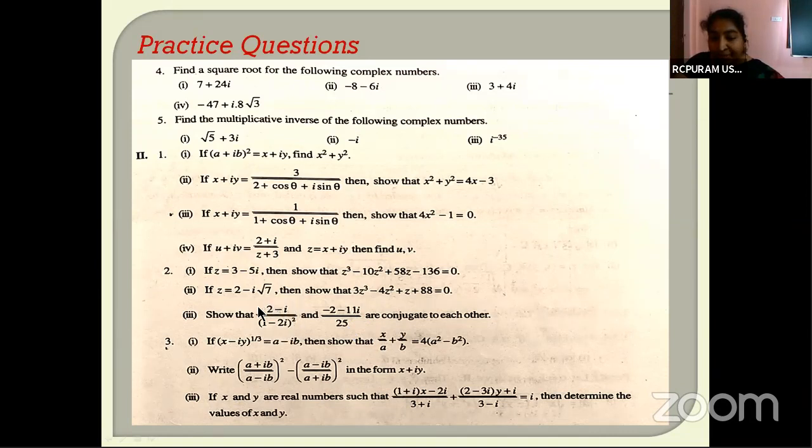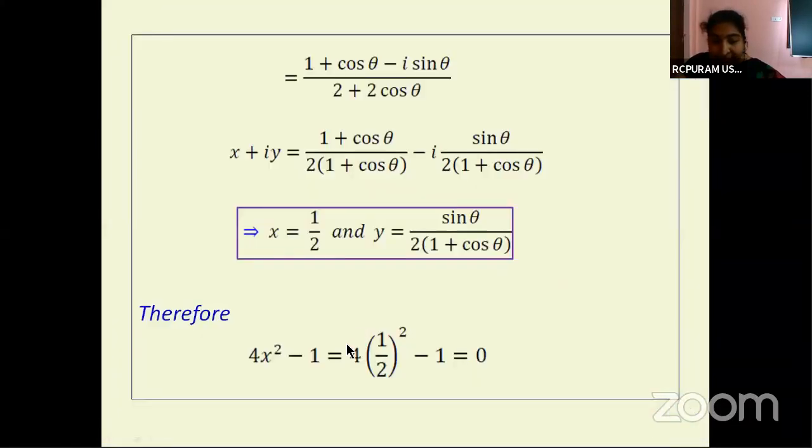First, you take the first term, simplify it, try to reduce it in the form of a plus ib. After reducing that into a plus ib form, you try to write what is its conjugate. If that conjugate is equal to this term, then you say these two are conjugate to each other. Hope you got this.